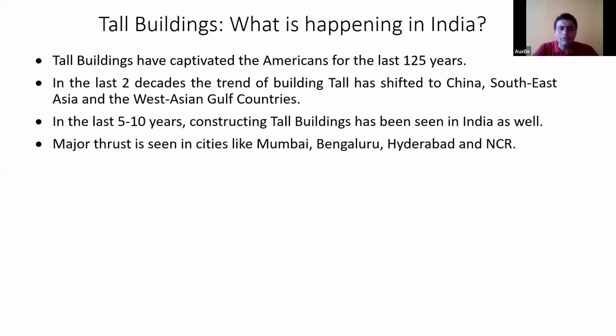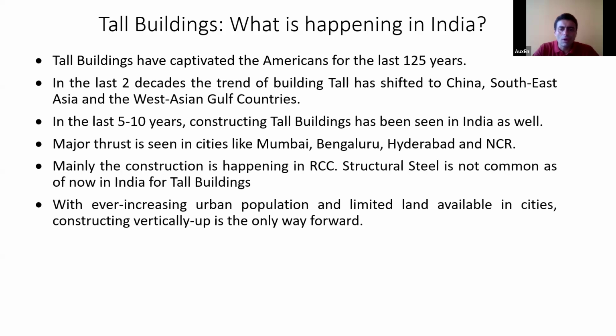So in India right now, if you see, more and more tall buildings are being built. When I say tall, what's the usual height that you're seeing in Indian cities these days for tall buildings? So the usual height that you're seeing these days is around 50, 60 stories.